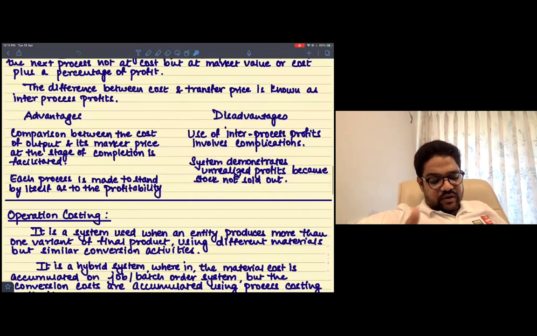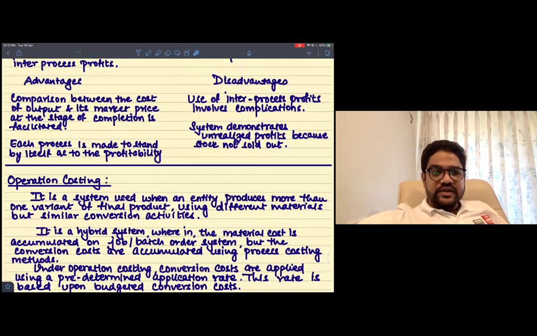And we have some advantages and disadvantages. For the disadvantages, I'd like to discuss that first. It gets a little complicated, and there may be unrealized profits. That was the sole purpose of why we were doing inter-process profit questions, right? And then for the advantages, comparison between the cost of output and its market price at the stage of completion is facilitated.